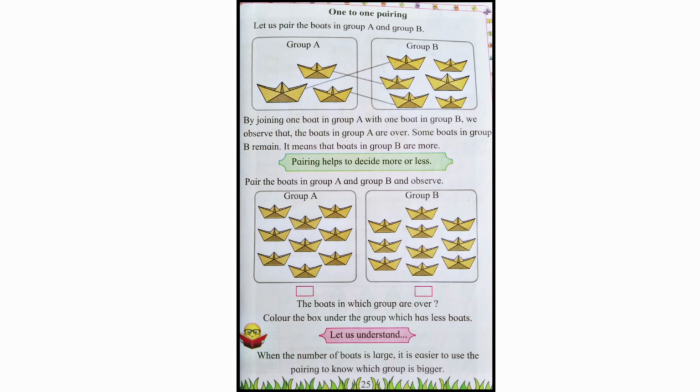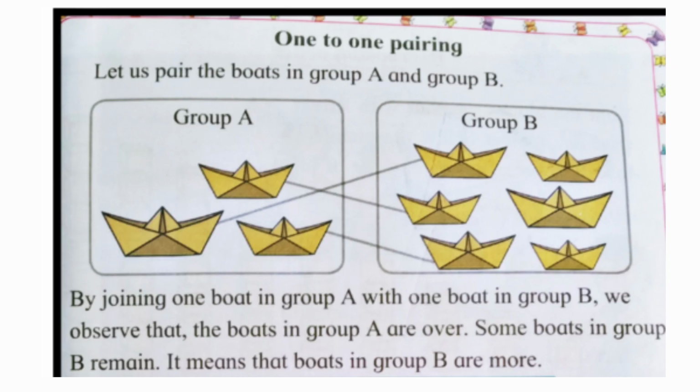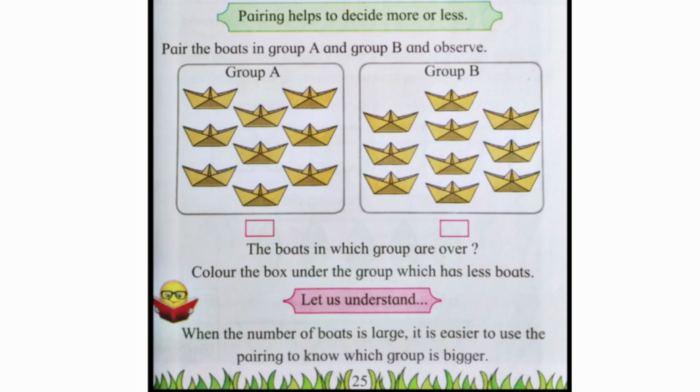Now, to make this concept more easier to understand, take out your textbooks, page number 25. On this page, one-to-one pairing concept is given. With the help of this concept, we will decide, is it more or is it less? Okay.